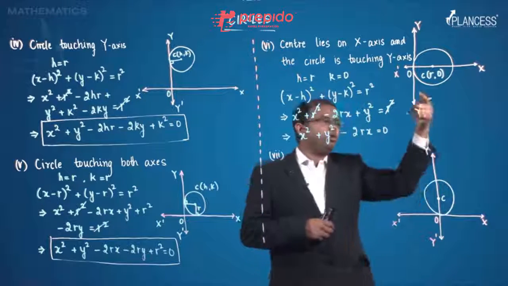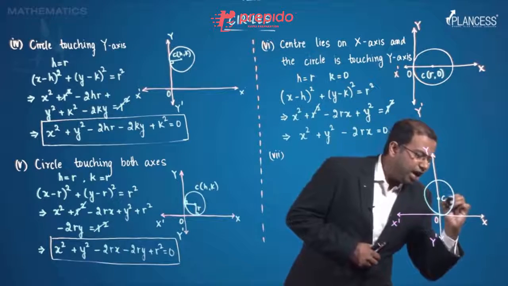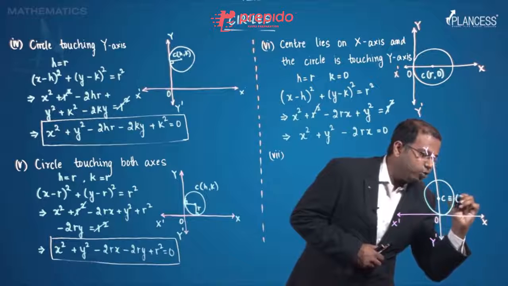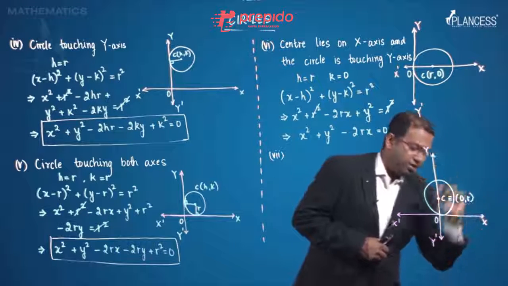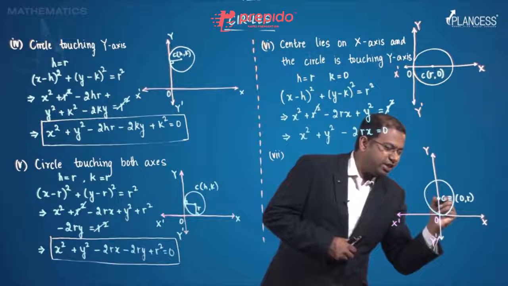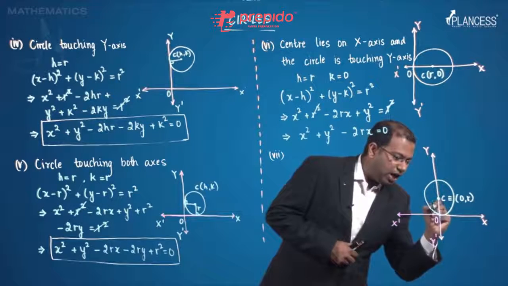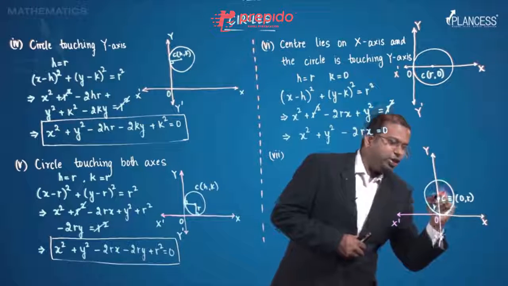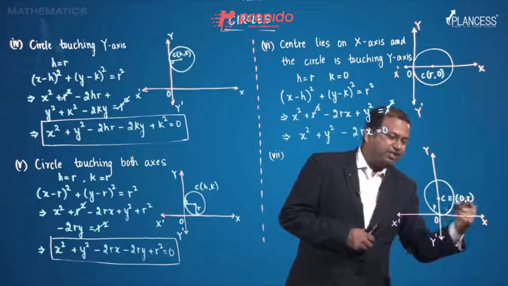Now similar to the previous case, the center will have the coordinates 0 comma r, because the distance of this C from the origin, C is nothing but the center, will be again r, and the x coordinate of any point lying on the y-axis is 0.